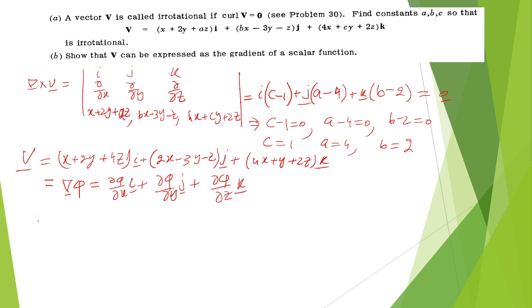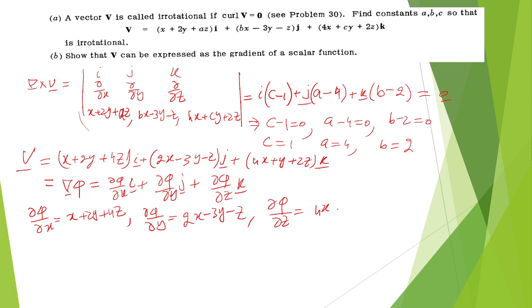So comparing these, we have partial phi partial x is equal to x plus 2y plus 4z, partial phi partial y is equal to 2x minus 3y minus z, and partial phi partial z is equal to 4x plus y plus 2z.